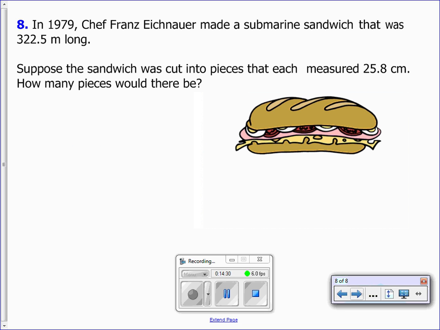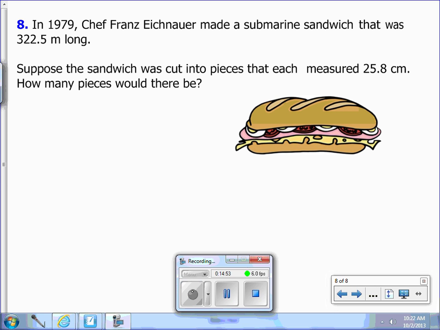And then our last word problem, in number 8, in 1979, Chef Franz Eichner made a submarine sandwich that was 322 5/10 meters long. Suppose the sandwich was cut into pieces that measured 25 8/10 centimeters. How many pieces would there be?